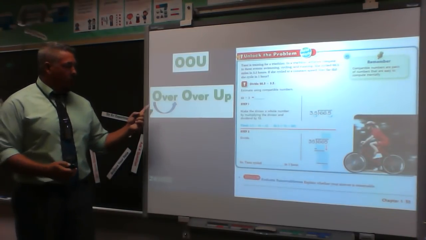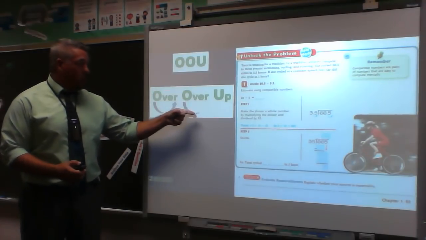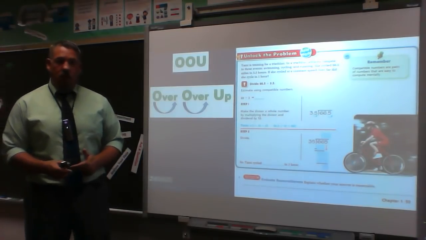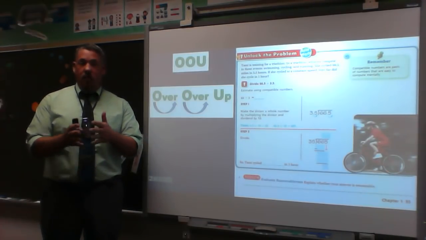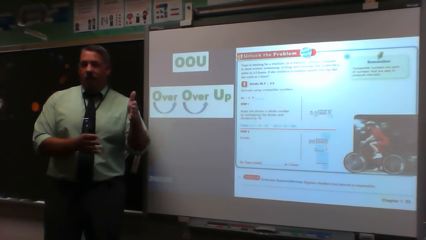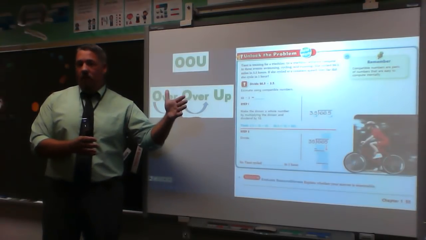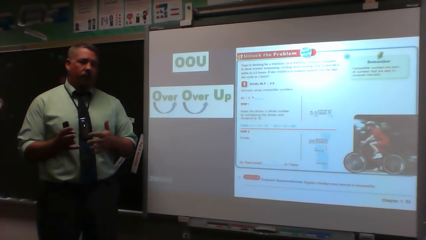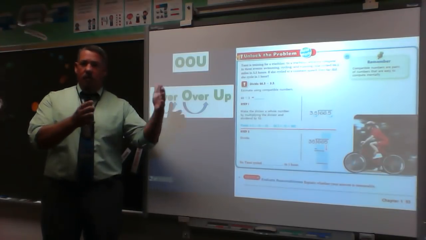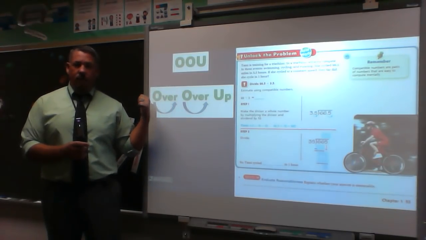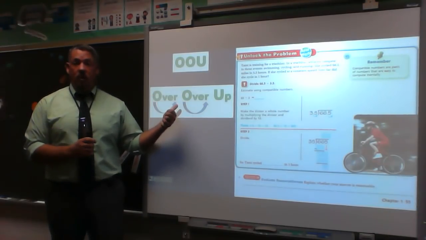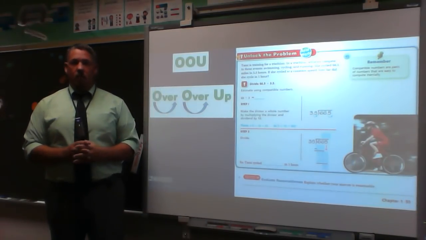So I have to remember that if I do that on the outside, I also have to do it on the inside. If there's a whole number on the inside, then I just put my decimal at the end and I start moving and adding zeros. Okay? But as we first start out, we're going to see that we have numbers in our decimal positions. But if I move it once on the outside, I have to move it once on the inside in the same direction.